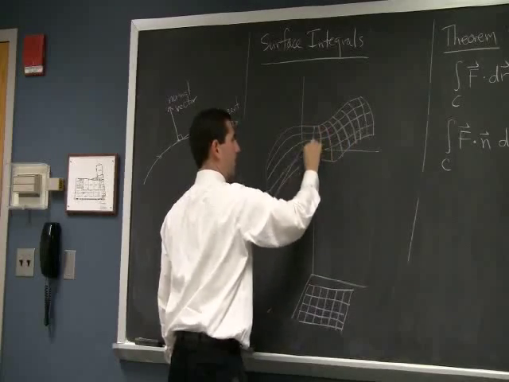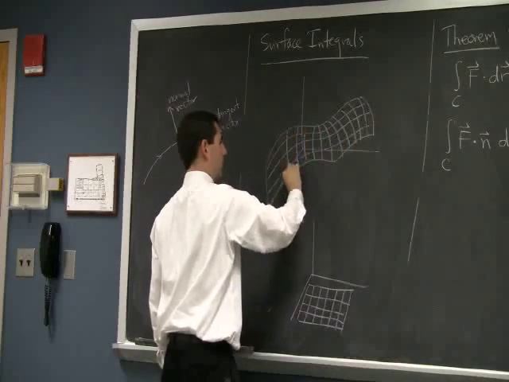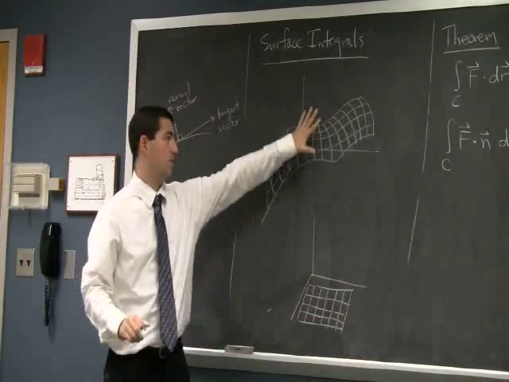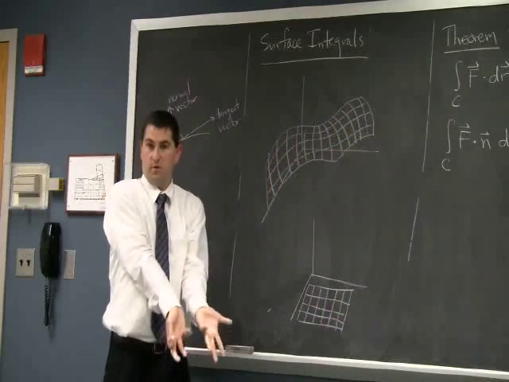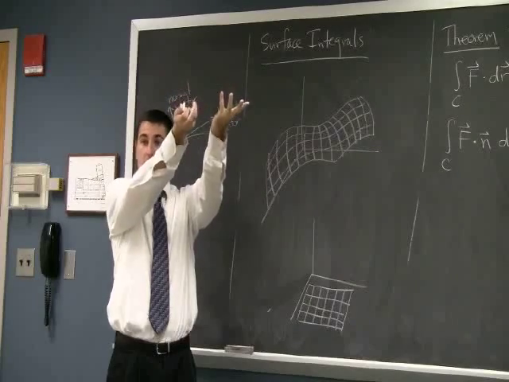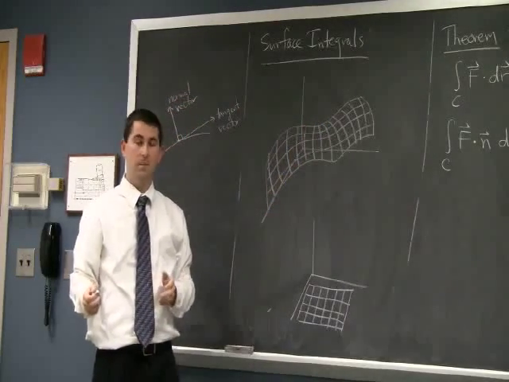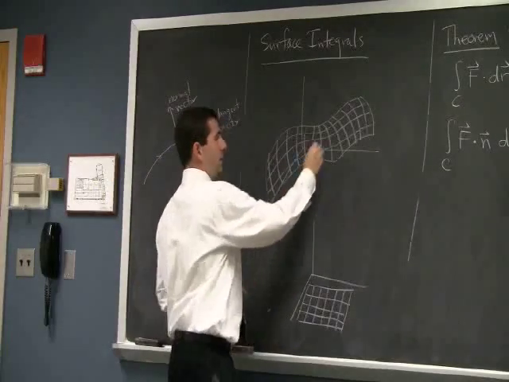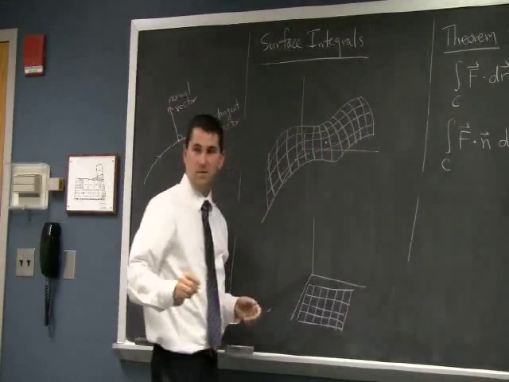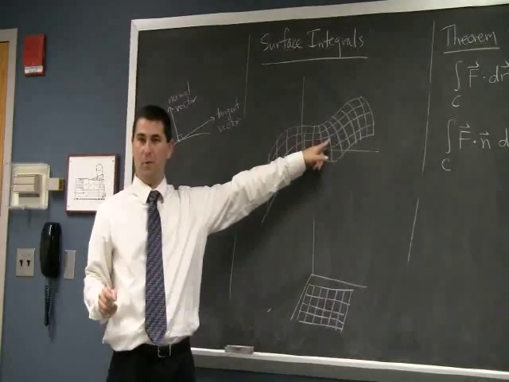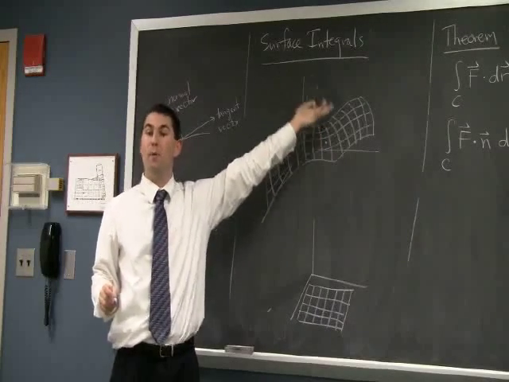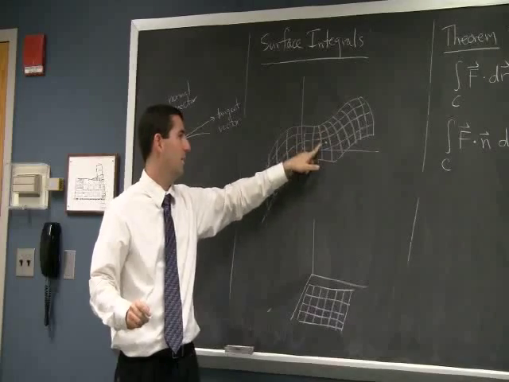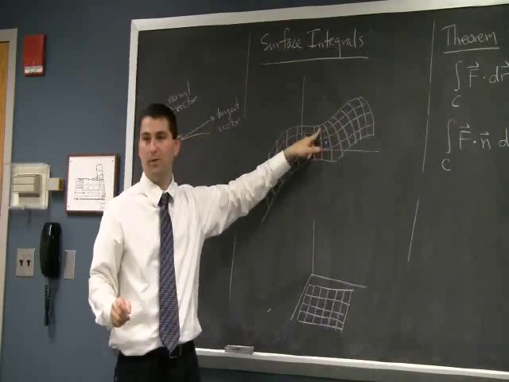So I use the chopping of the rectangle to chop up the surface, just by shooting these things back up onto the surface and seeing where they go. And then I choose points within each of these little squares, I evaluate the function at that point, and then I multiply by the surface area of this little square.